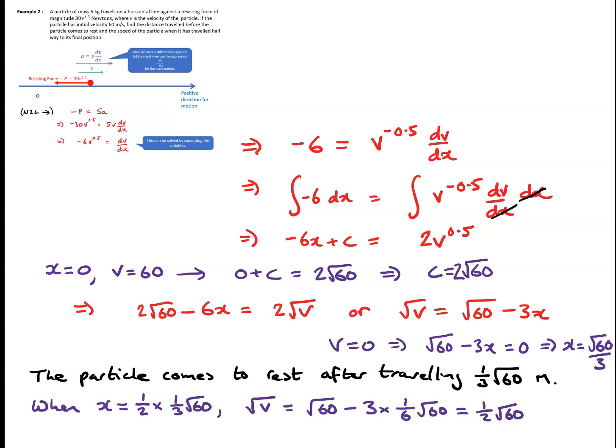When it's halfway there, that's going to be when x is 1/6 of root 60, in which case root v is root 60 minus 3 times 1/6 of root 60, which is 1/2 root 60, in which case v is equal to 1/4 of 60, which is 15 meters per second, when it reaches the halfway point.